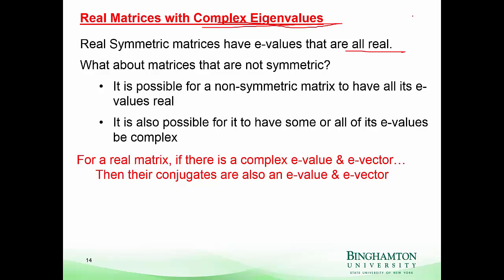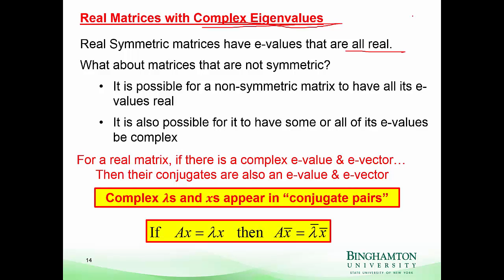So for a real matrix, if there is a complex eigenvalue and eigenvector, then their conjugates are also an eigenvalue and eigenvector. So they must appear in complex conjugate pairs.